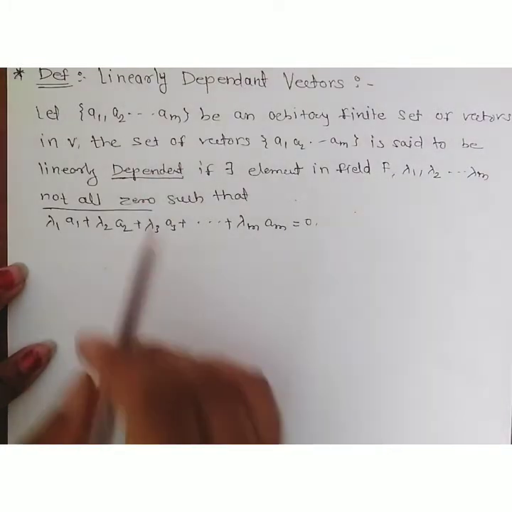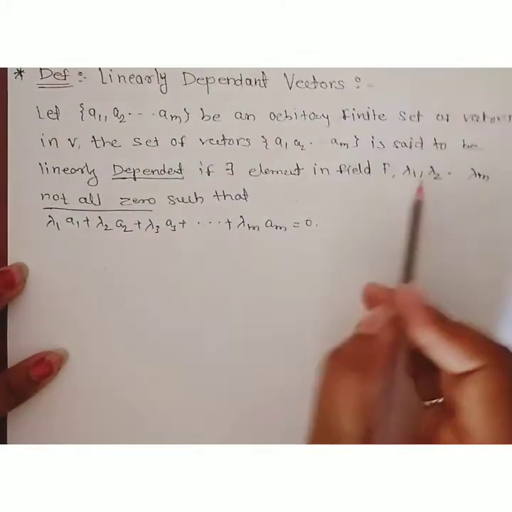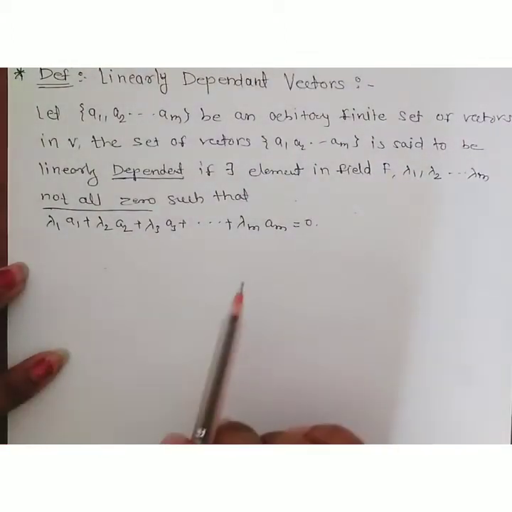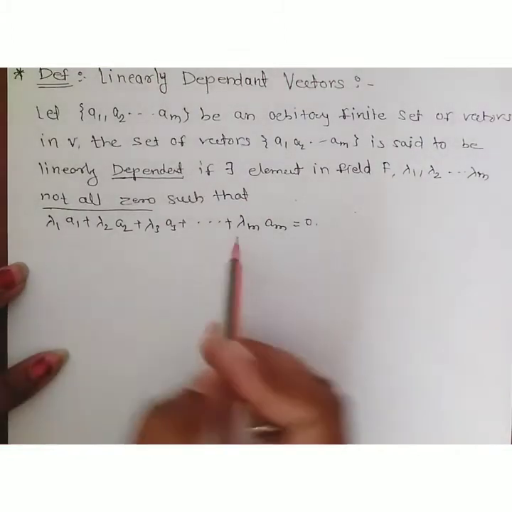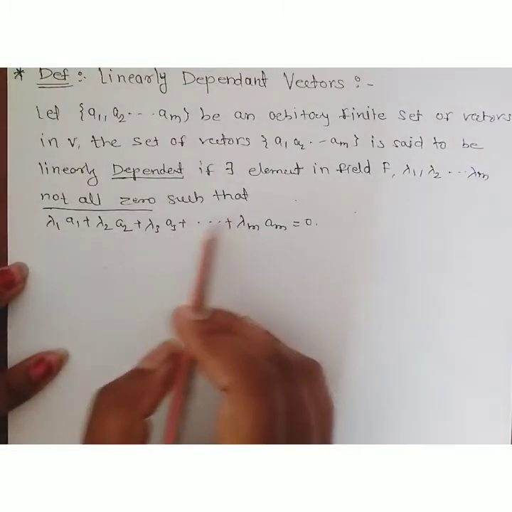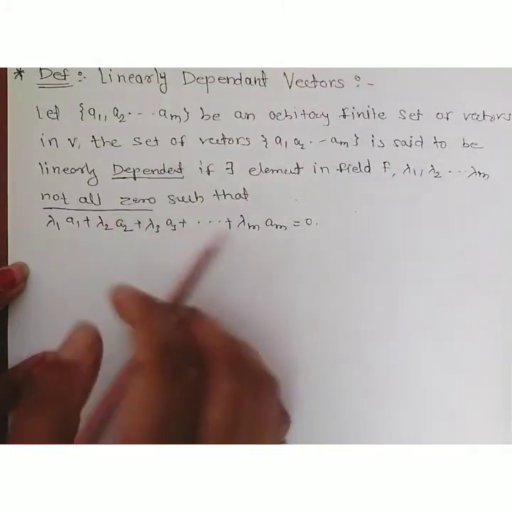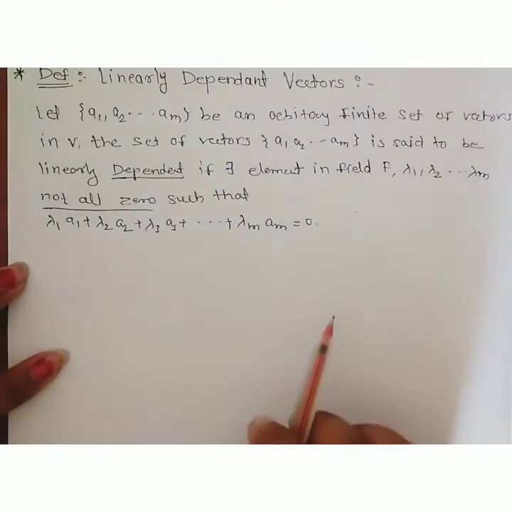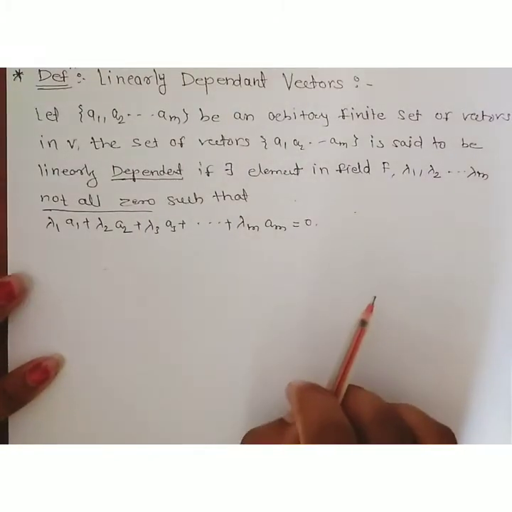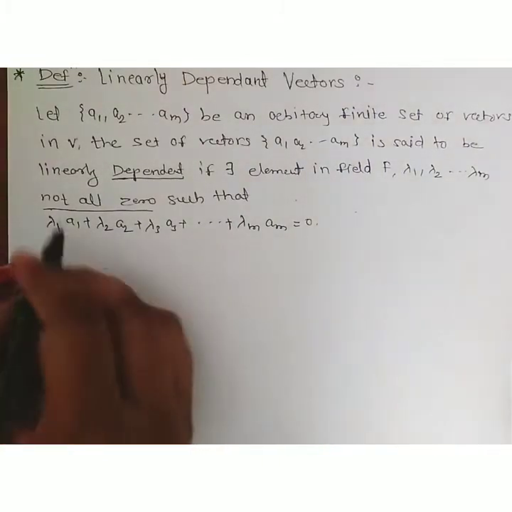The important condition in linear dependence is that there exist some scalars in the field F, lambda 1, lambda 2, lambda m, not all 0, meaning some of them are non-zero, such that this linear combination is equal to 0. This is an important condition for the set of vectors a1, a2, am to be linearly dependent.